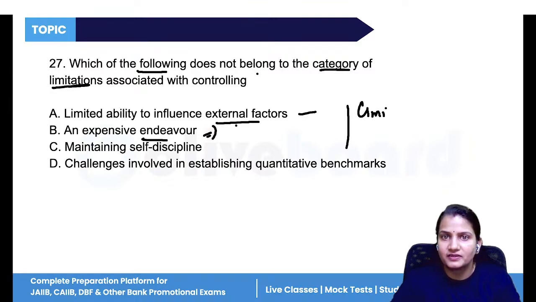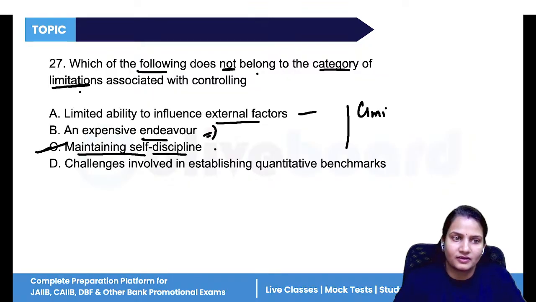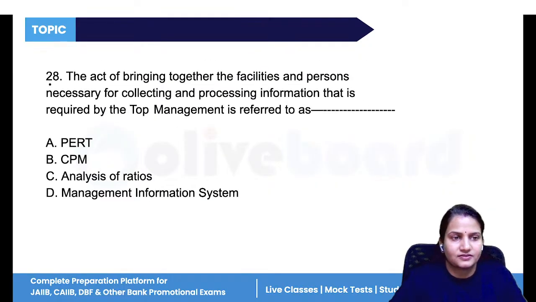Yes, it's a very expensive effort. You have to give a lot of effort. You have to incur a lot of cost in the controlling process. Maintaining self-discipline, no, it is not a limitation of controlling. So the question was asking which does not belong to the category of limitation. Limitation means drawback. And the rest are all limitations. Yes, it's C. Now next.